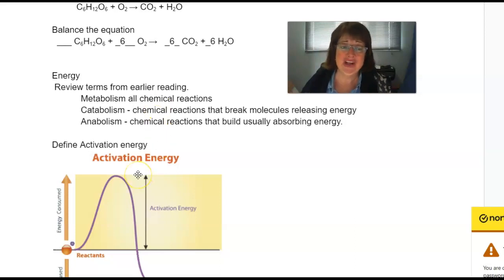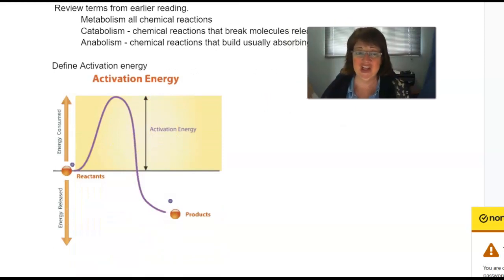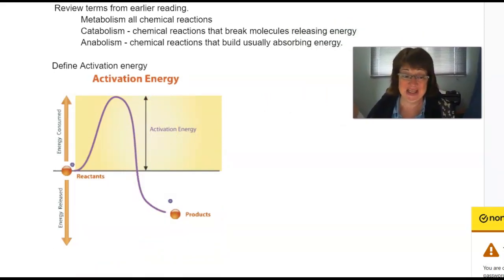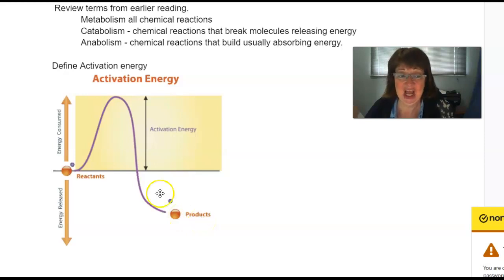Good. When we look at the energy in molecules, we are talking about the activation energy to get things going. Here is a graph. We start with the reactants at a certain energy level, and then the products will have a certain chemical energy level at the end. Often you need to go over this hill of energy in order to get the products at the end.